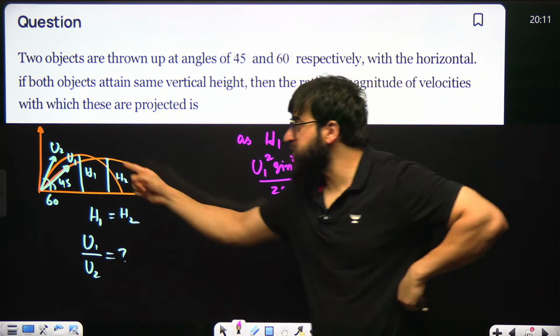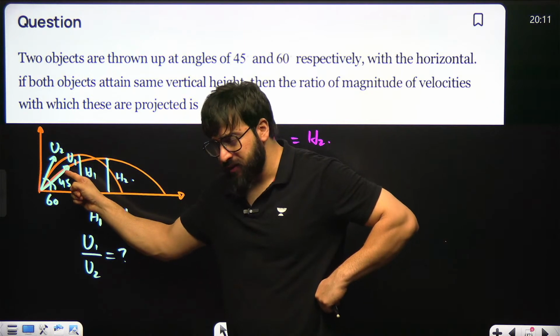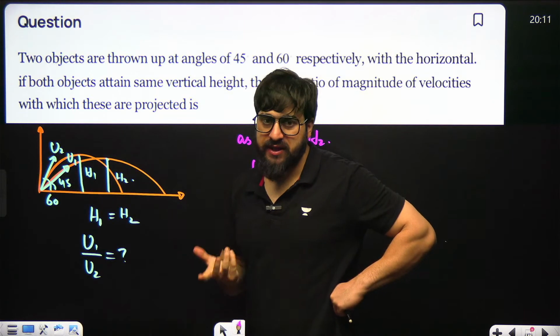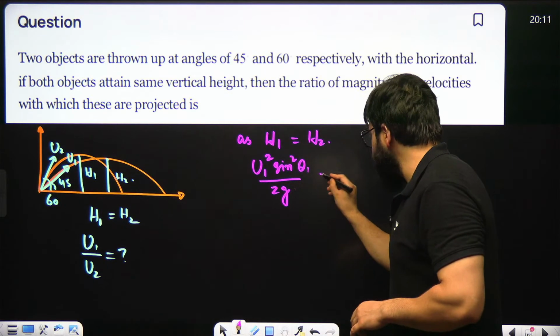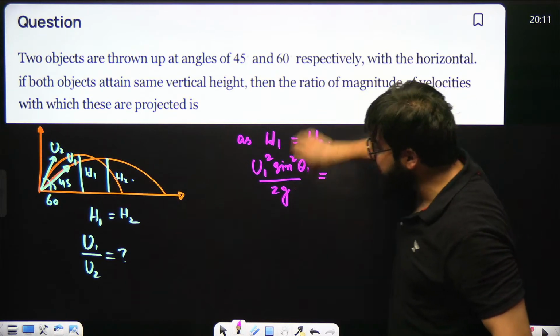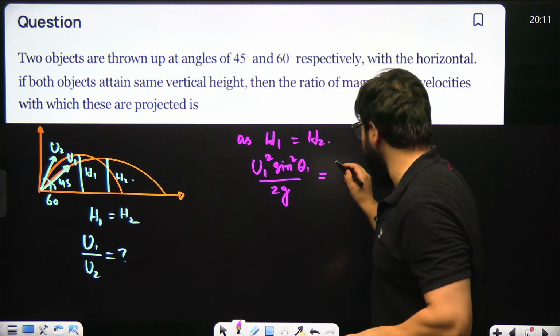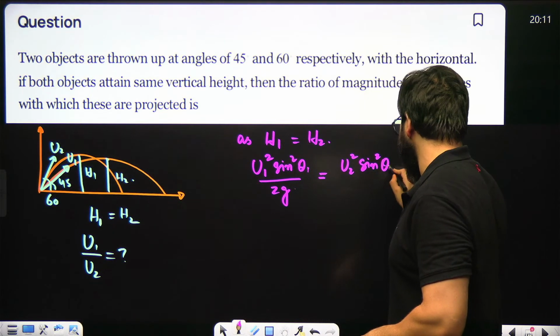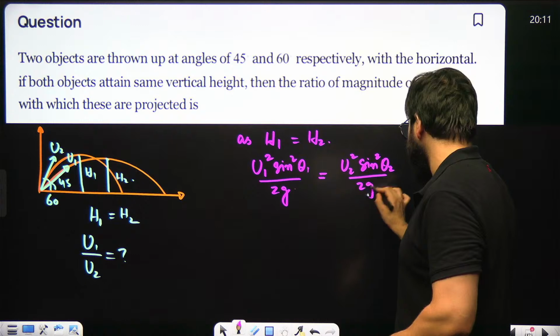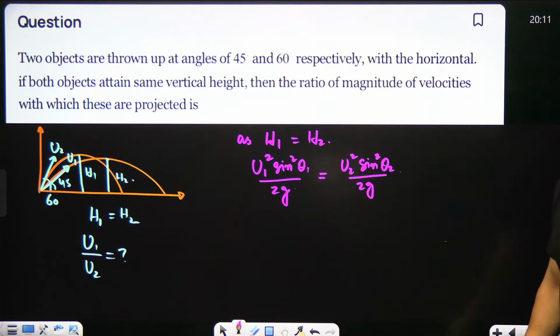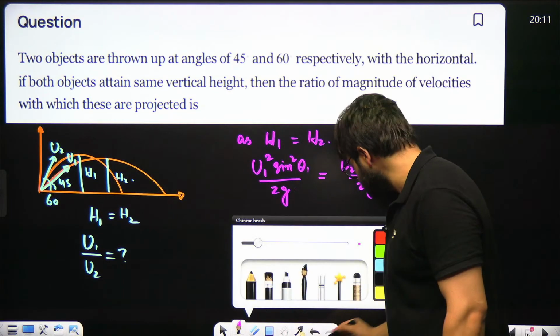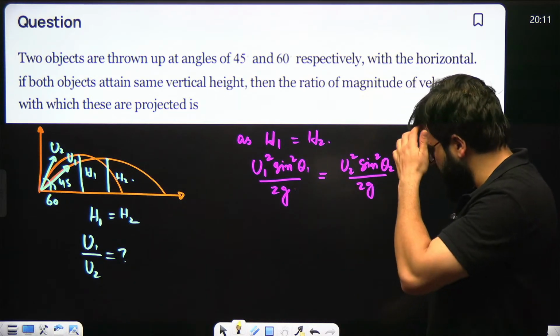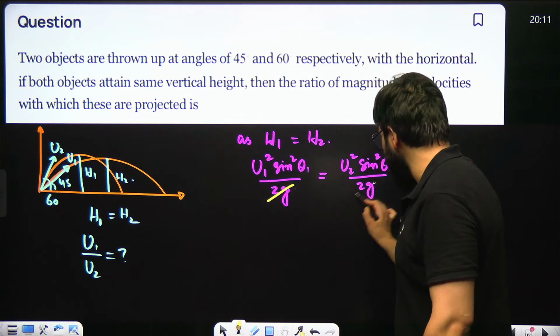So for the first projectile I write u1 square sine square theta 1, where theta 1 is 45, is equal to, for the second one, u2 square sine square theta 2 divided by 2g. Now, guys, can I say this 2g and 2g will cancel?